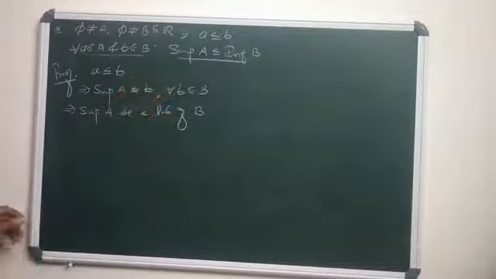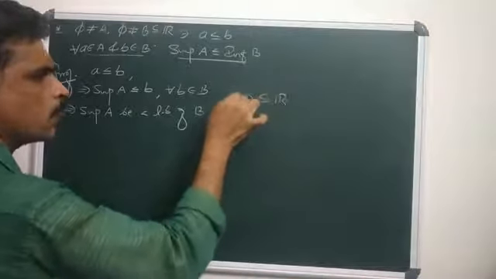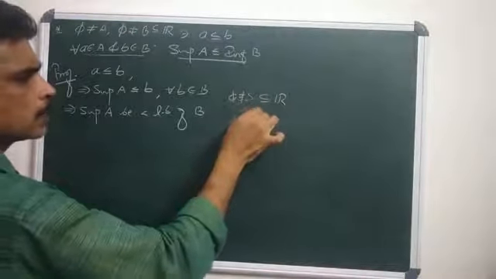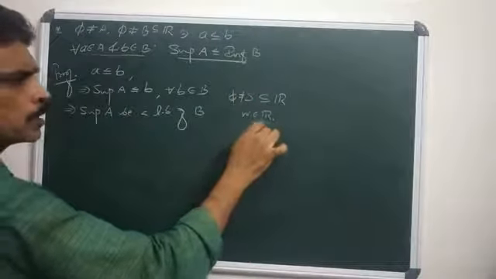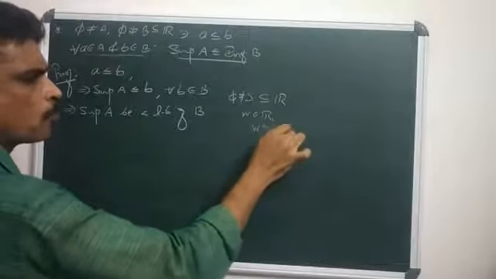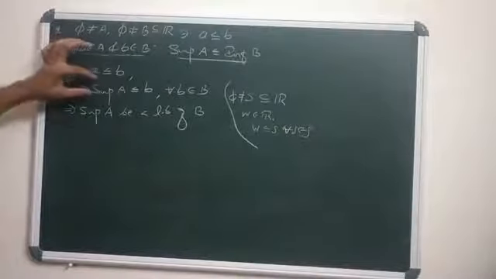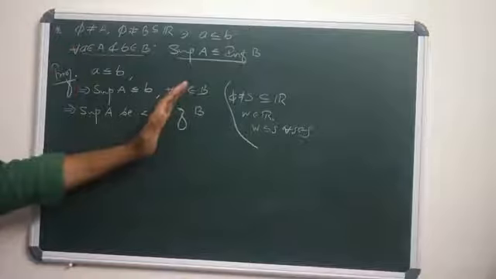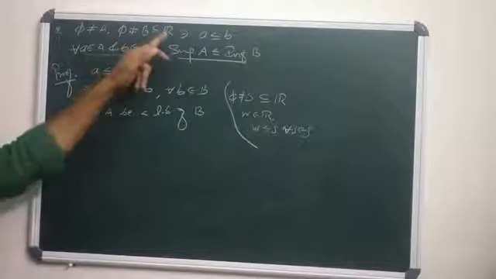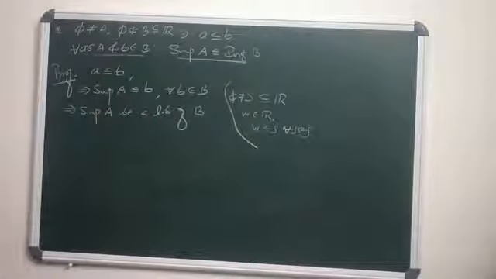For all b in B, by the definition of lower bound: what is a lower bound? If S is a non-empty subset of R, then an element w in R is said to be a lower bound of S if w is less than or equal to s for all s in S. This is the definition of lower bound. So according to that argument, the supremum of A is less than or equal to b for all b in B, meaning the supremum of A is an element of R and a lower bound of B itself.